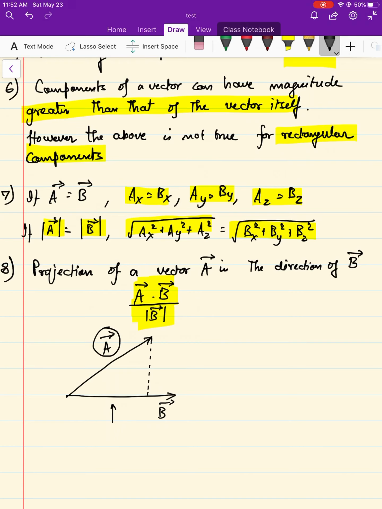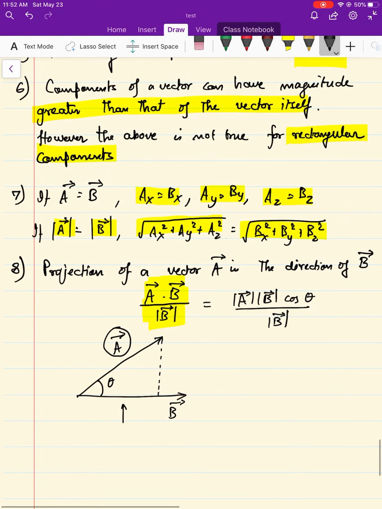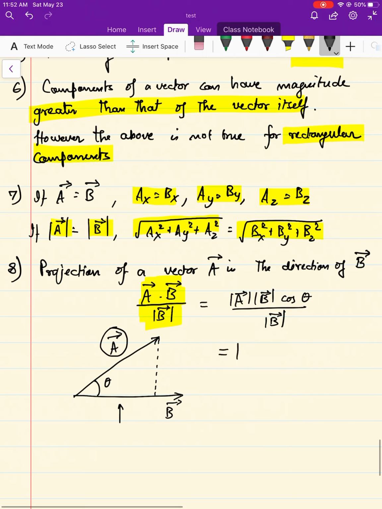If I expand this expression, we have the magnitude of a, the magnitude of b, and cos of the angle between them, divided by the magnitude of b. So we see that that is equal to a cos theta.